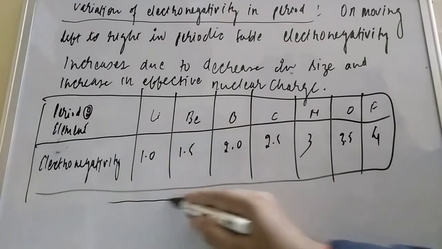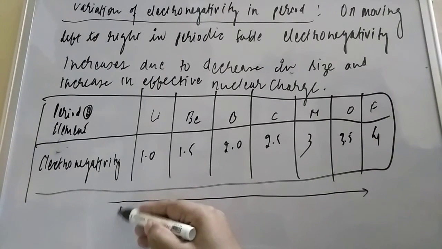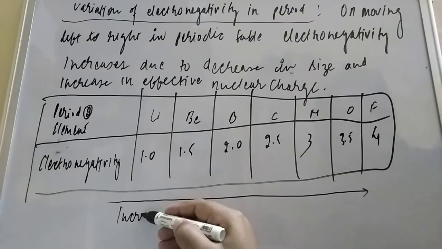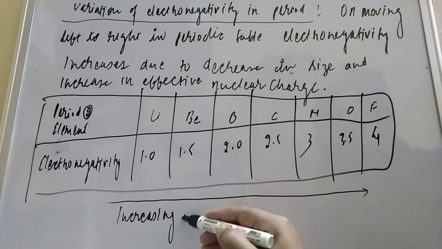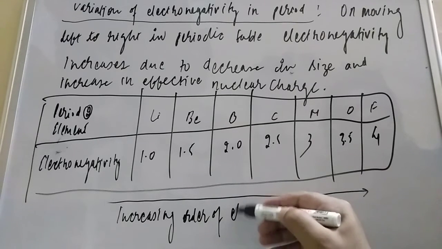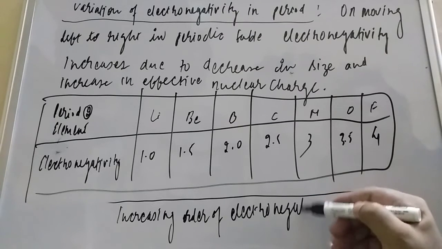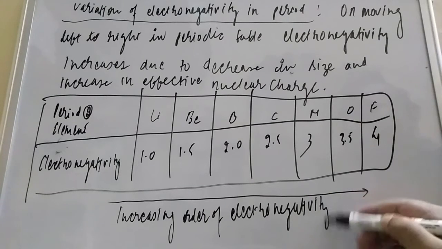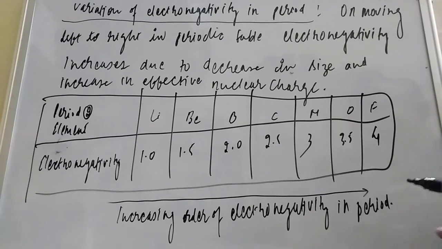So here is an increasing order of electronegativity in the period.